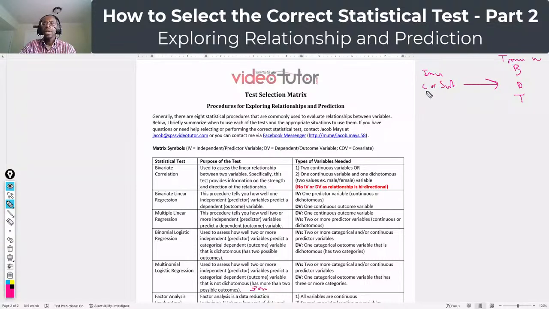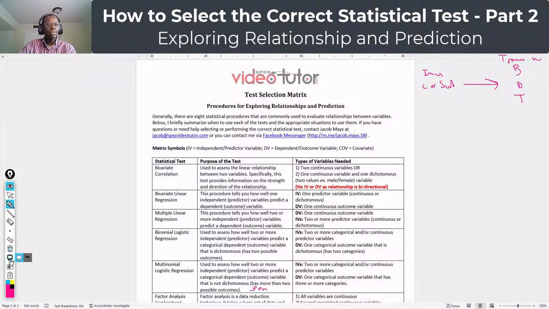Then you would use these two predictor variables to determine if a person takes the bus to work, they drive to work, or they take the train to work. These are 3 possible outcomes. So you would use a multinomial logistic regression where you have 3 or more outcomes that are possible.